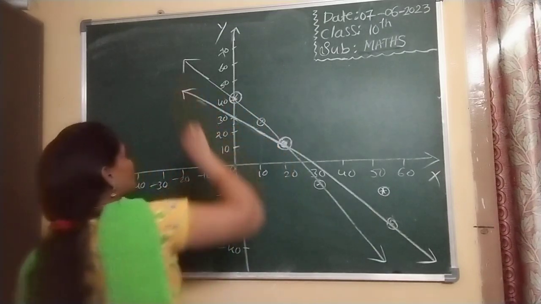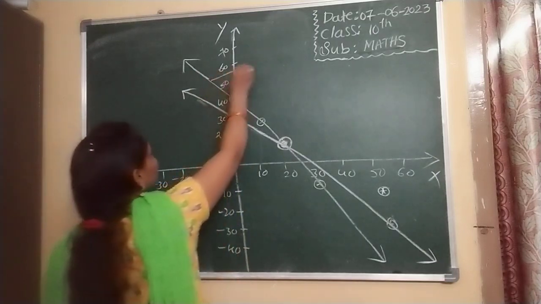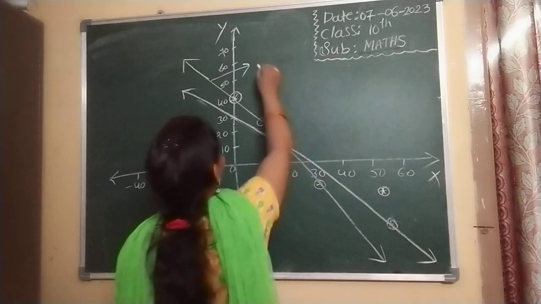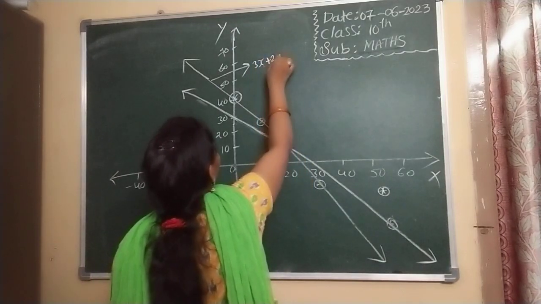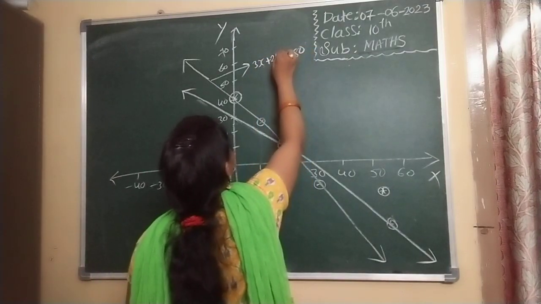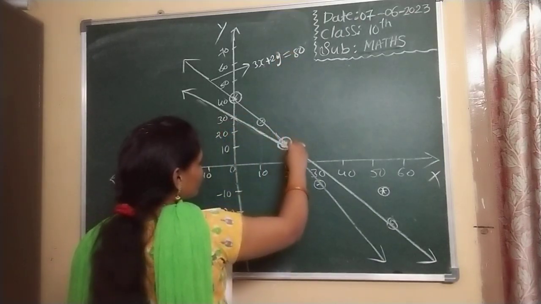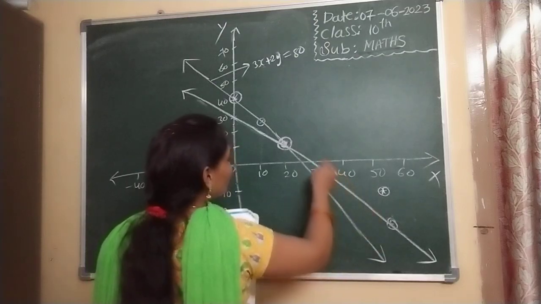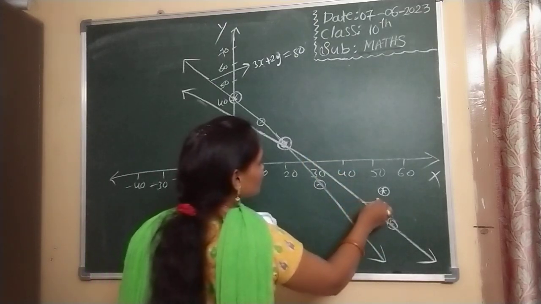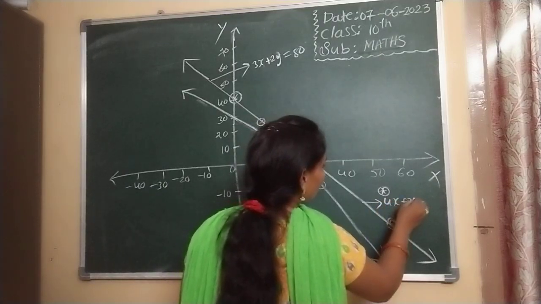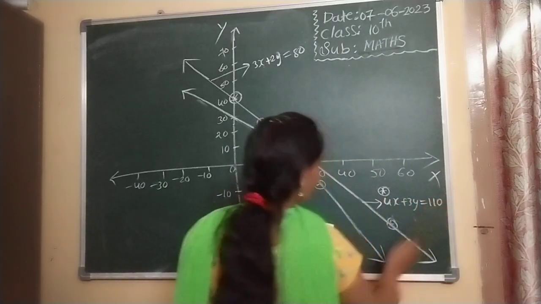Okay. This is the pair of linear equations: 3x plus 2y is equal to 80. Okay. Now that is this linear equation. And one more linear equation, this is 4x plus 3y is equal to 110.